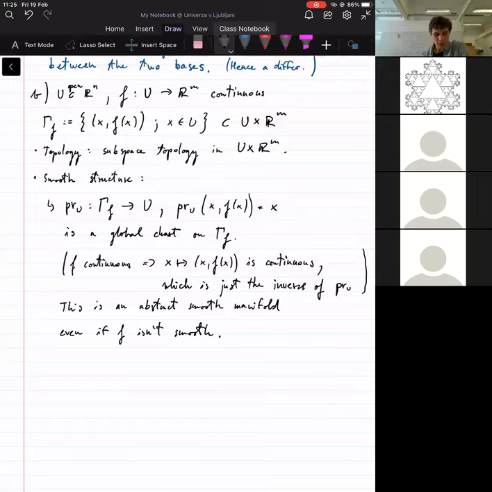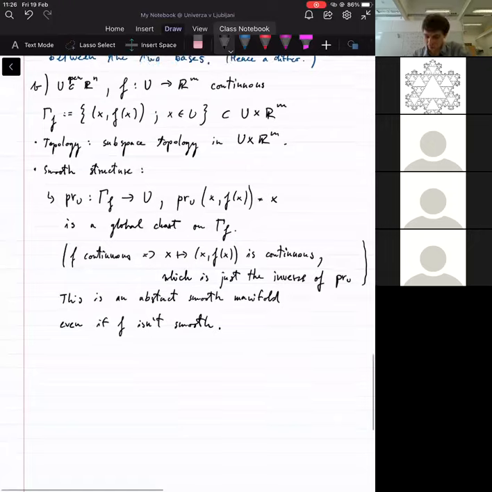Okay, but one should note that this is not a smooth submanifold of Rn times Rm, right? It's a smooth manifold in the abstract sense, but it is not a smooth manifold in the sense of a smooth submanifold of the Euclidean space.